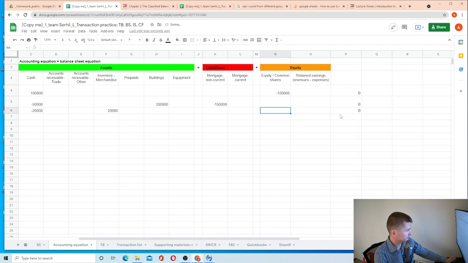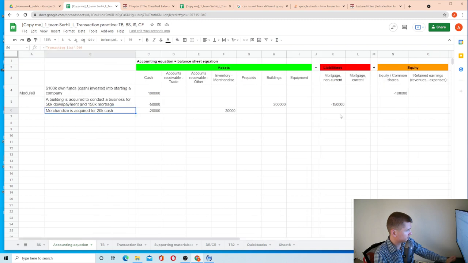You can test your understanding of the double entry by looking at the amount and reasoning whether it should be debit or credit. For example, we have cash here, and obviously it increases. So since cash is an asset and assets increase by debits and cash increases, that means that entry of cash should be a debit entry.